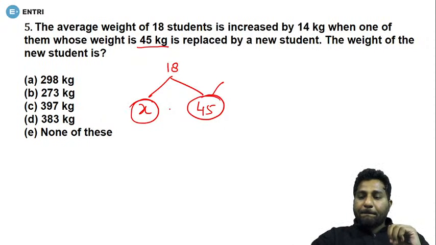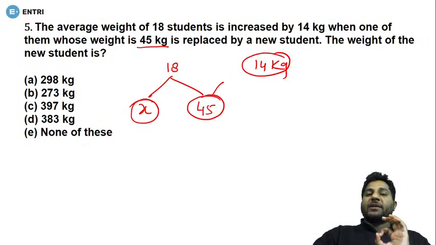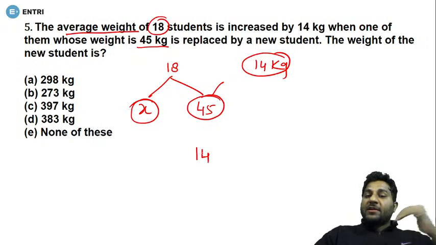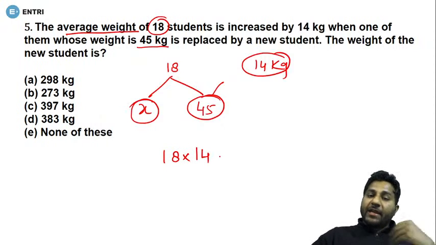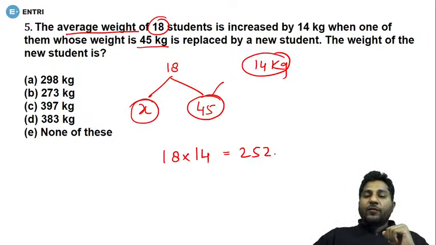273? I don't think so. No, Vijay. Look, the difference arises 14 kg on an average basis. The average weight of 18 students has been increased. So each student has increased 14 kg. That means 18 students have increased 18 into 14 kg, and that makes the total 252.